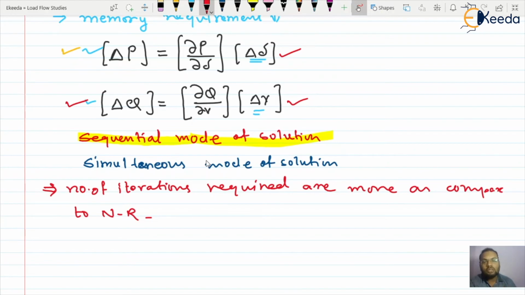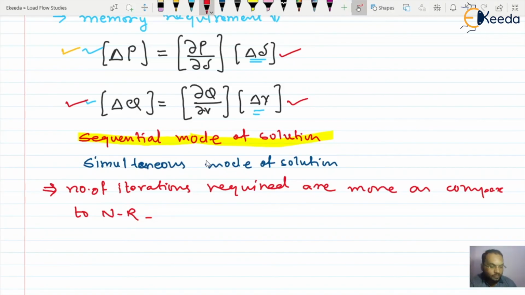To reach the exact solution with exact data, the number of iterations required would be reduced. But since we are going with certain assumptions, the number of iterations required will be more, but the time requirement will be the same or less as compared to the Newton-Raphson method.